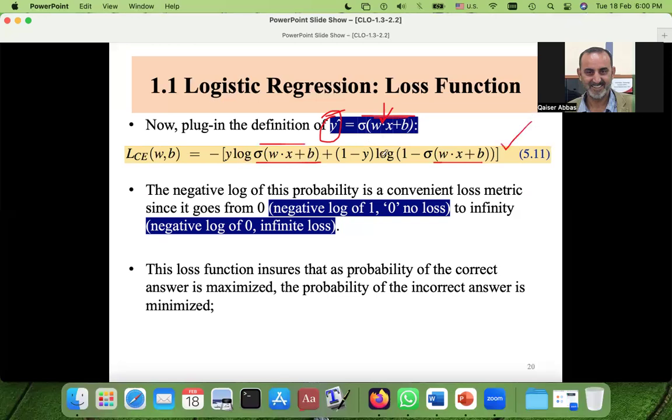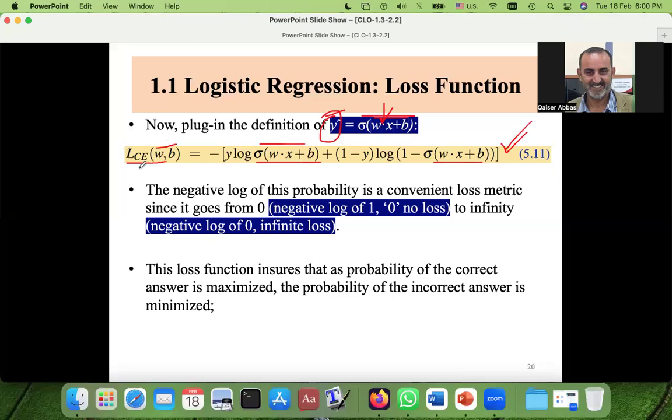So now you have this equation with weights, because we started our story: how will we learn these weights? So we started with the equation and finally we have our equation in the form of weights. But this equation is not final. Now we are also calling this a loss for weights.